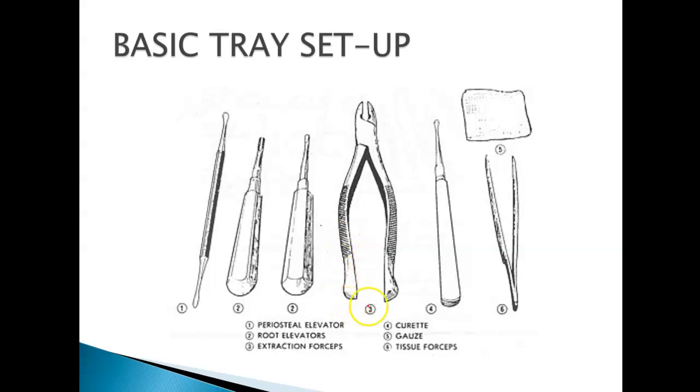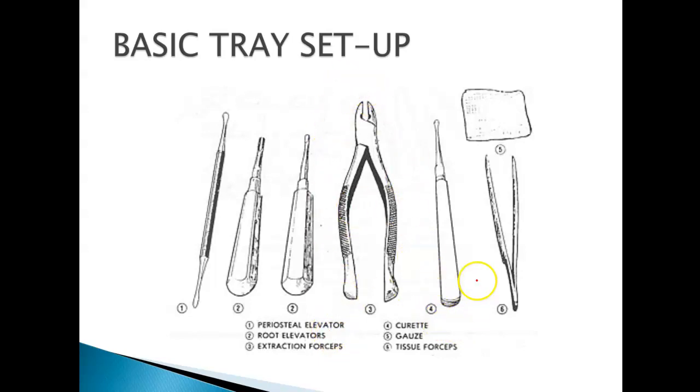So forceps is going to be used for those teeth that we can actually grab a hold of. Anything that's broken at the gum line, we would not be able to use a forceps. We would then have to use strictly elevators to help to elevate those root tips out of the socket. So this would be a forceps.